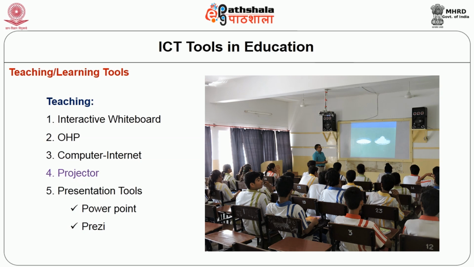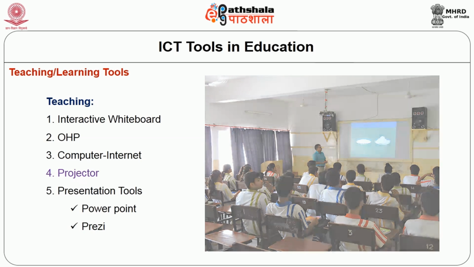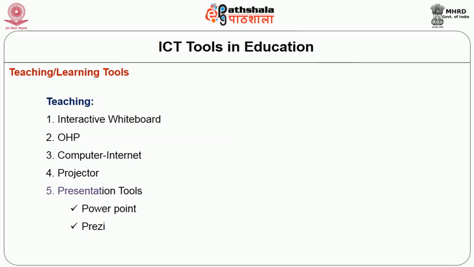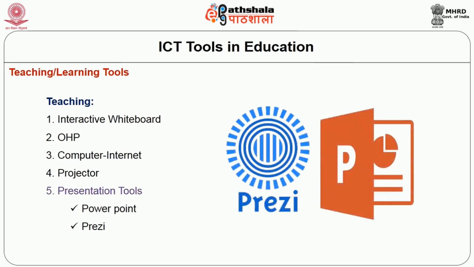For example, you could use a projector to show a presentation on a large screen so that everyone in the room can see it. Projectors can produce either still or moving images. We have Microsoft PowerPoint, Prezi, and many other presentation tools.